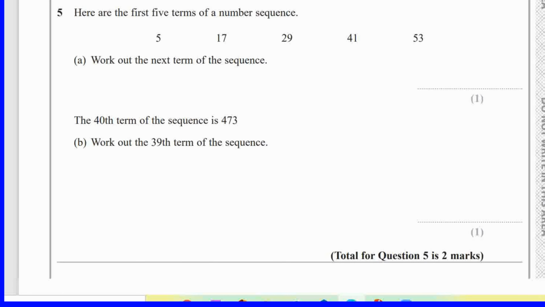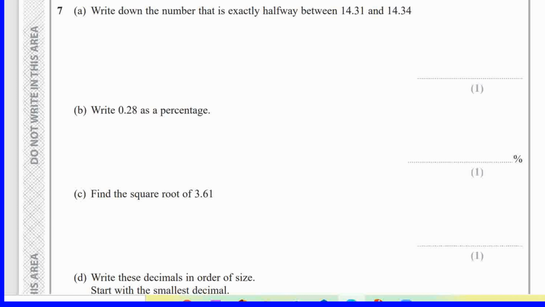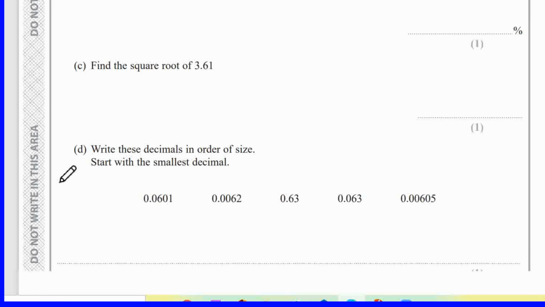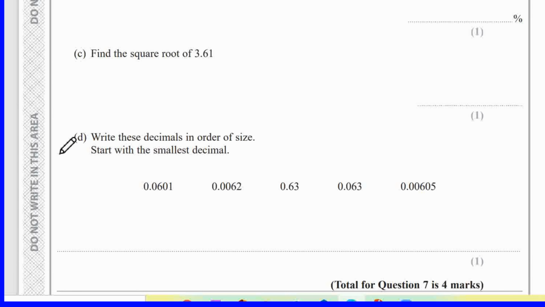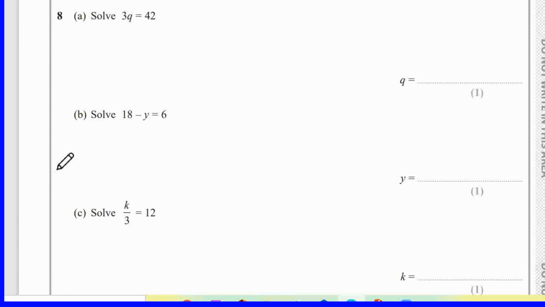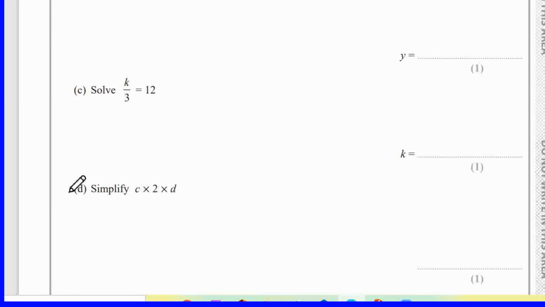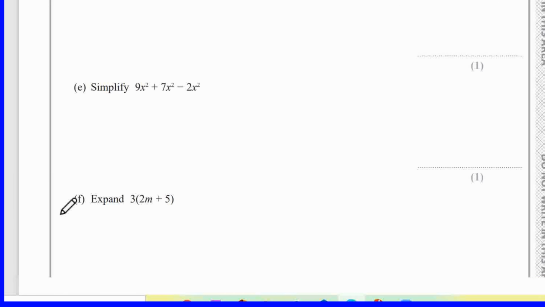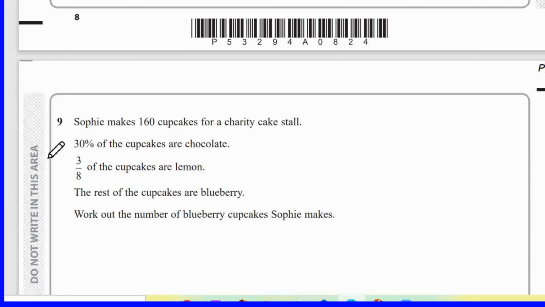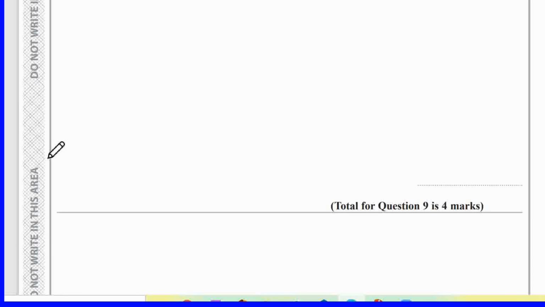This is number 5 A, number 6 A, B, and 7 A, B, C, D. This is number 8 A, B, C, D, E and F, and this is number 9, question and answer slot.